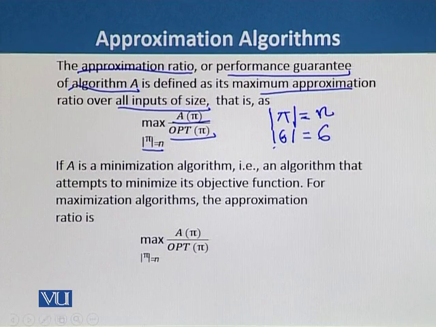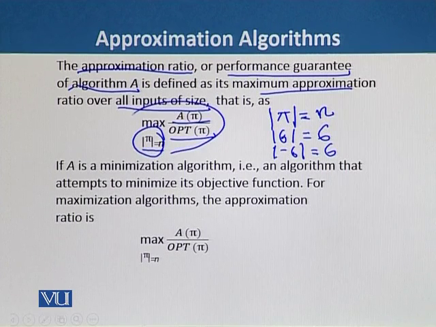But interestingly, if we have minus 6 mod, then again this minus 6 will be equal to 6. So this mod value means it is always a positive integer. So this should always be a positive integer when we use this formula to calculate the maximum approximation ratio.